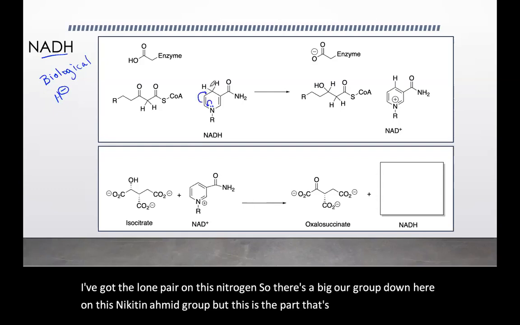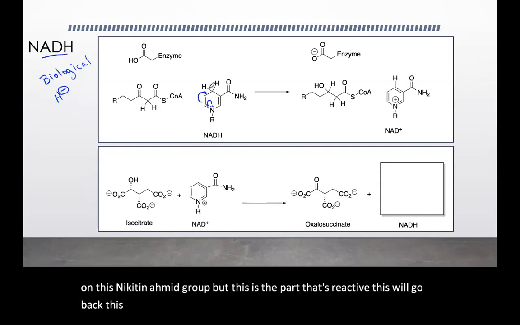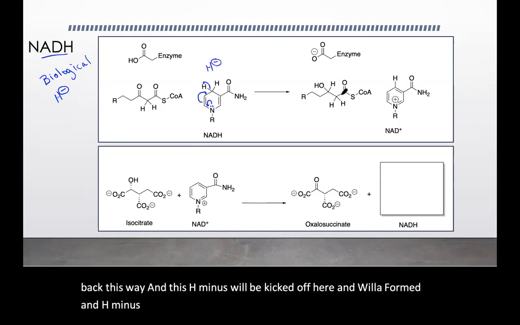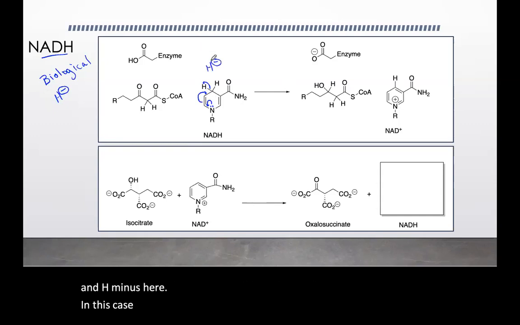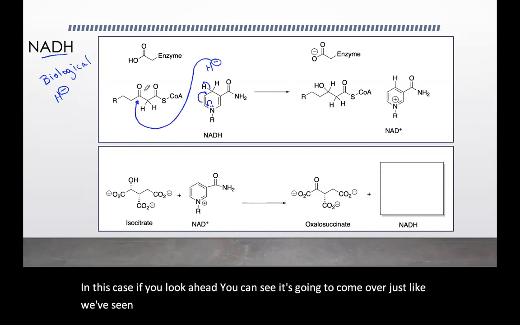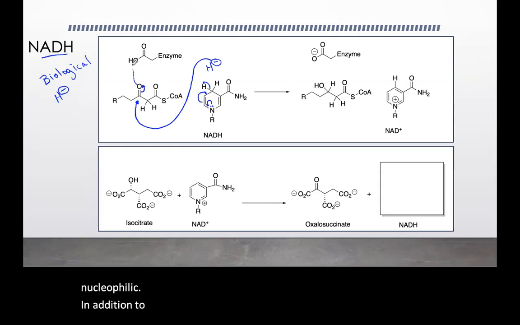This will go back this way, and this H minus will be kicked off here. In this case, if you look ahead, you can see it's going to come over just like we've seen our sodium borohydride and our lithium aluminum hydride, do a nucleophilic addition to a ketone, forming the alkoxide, which is protonated.